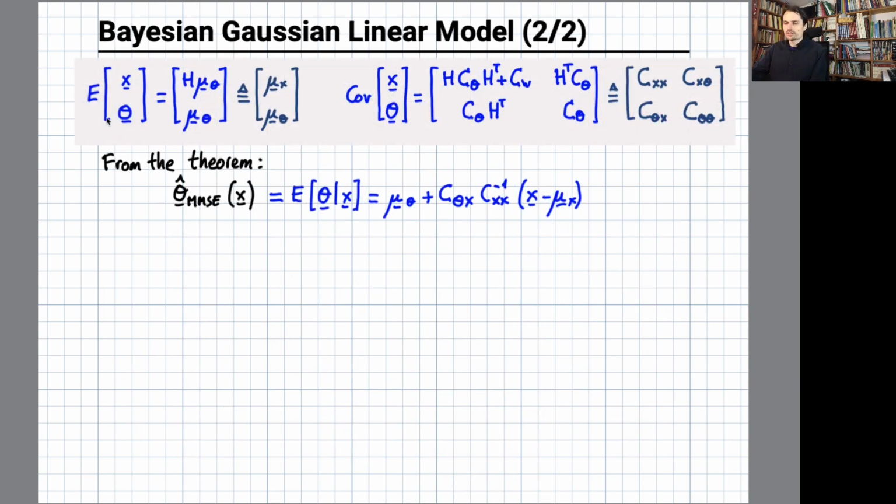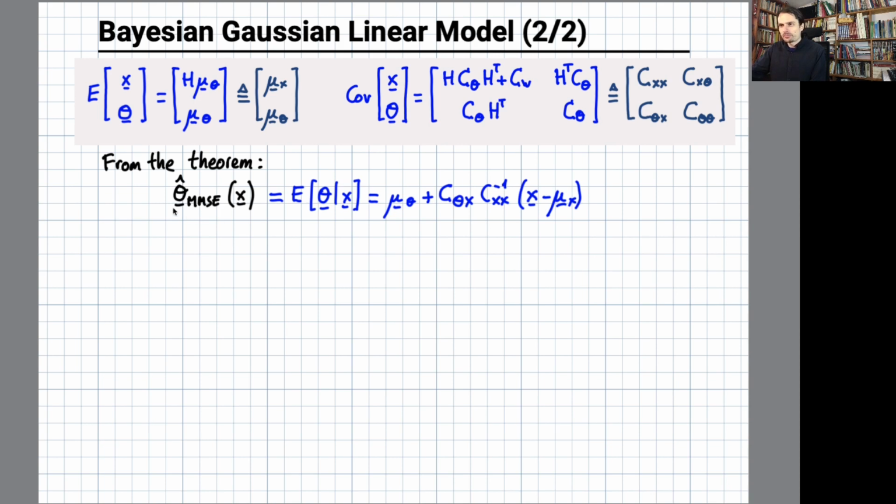So now that we have the mean of the joint distribution and also its covariance, we can apply the theorem that we saw a couple of slides earlier. Note that this top left block is nothing but the covariance of x. This bottom left block is the covariance of theta and x, and so on. Okay.